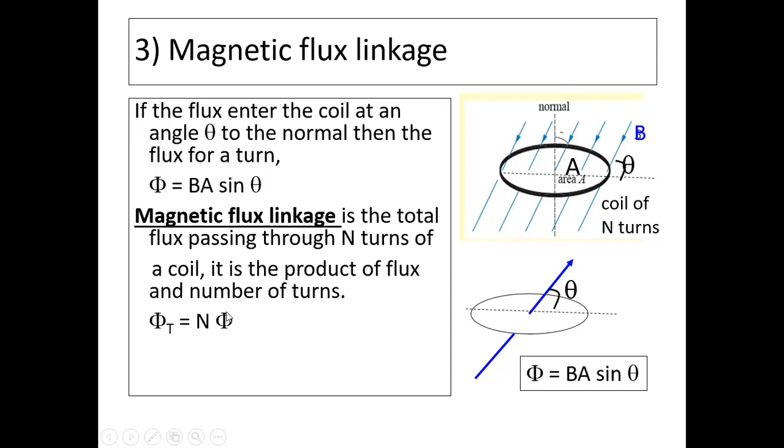If it's one turn, that's your BA sine theta. If it's N turns, then we call it magnetic flux linkage. So for N turns, we just multiply by N.